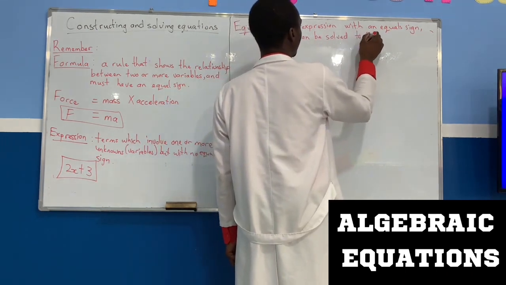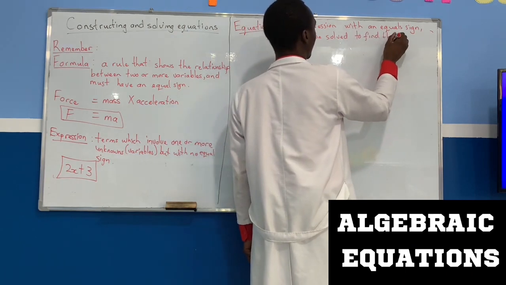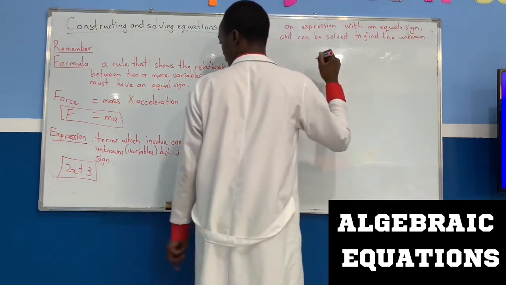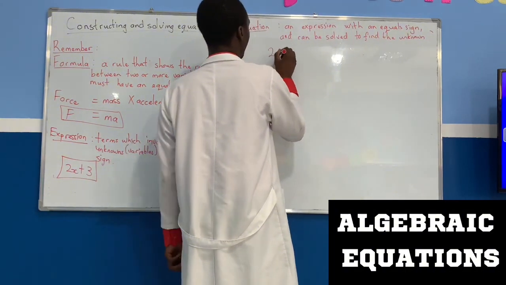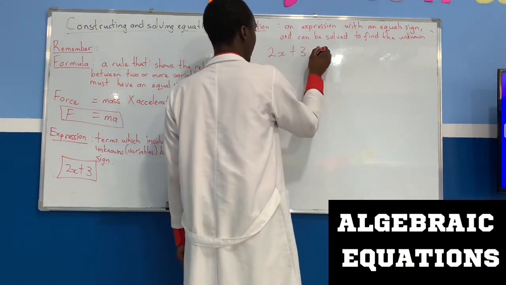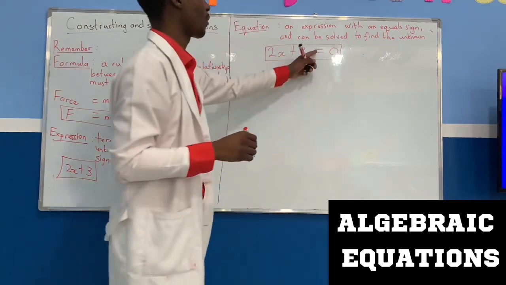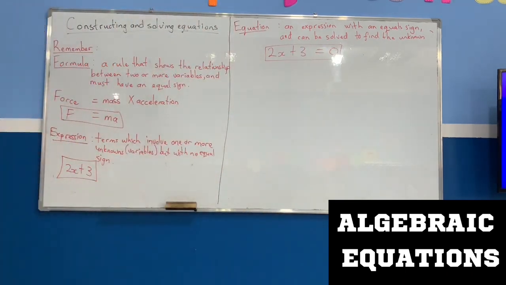So an equation is an expression with an equal sign that can be solved to find the value of the unknown. Let's say, for example, 2x plus 3 equals 0. It's a very simple equation.